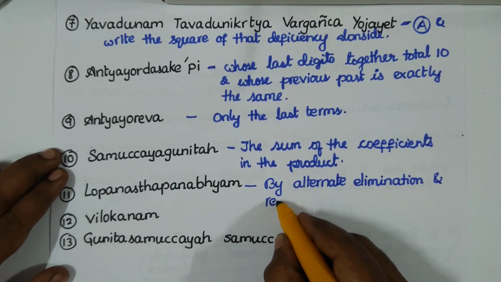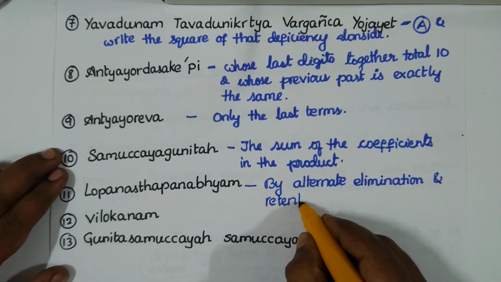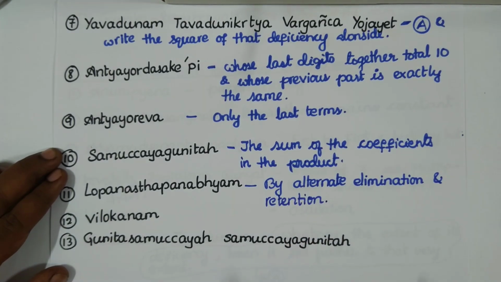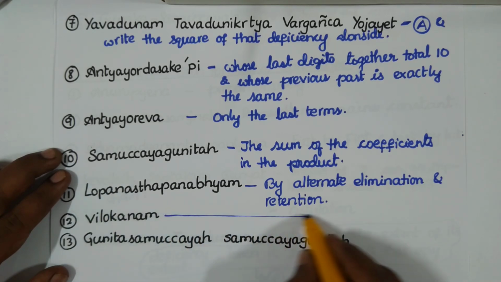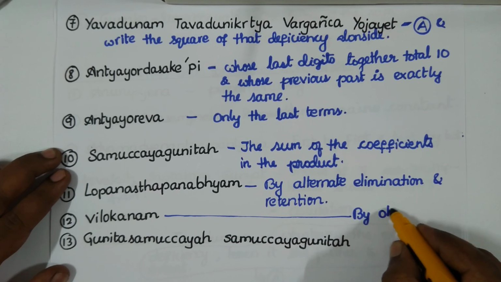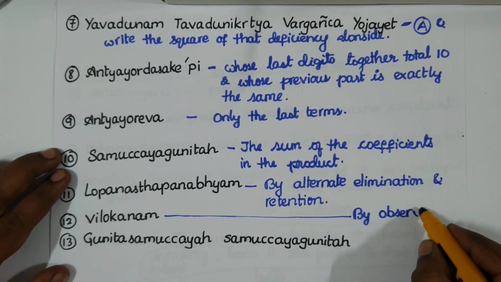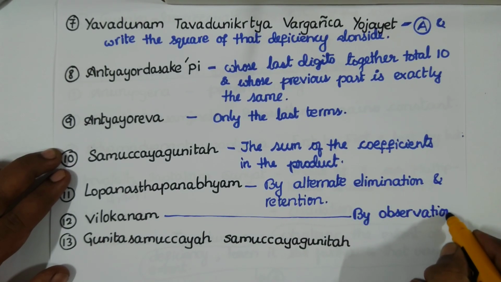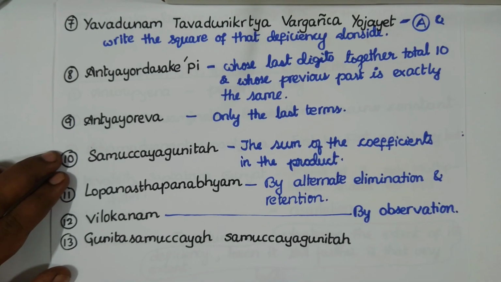This is very important. By alternate elimination and retention. Now, Vilokanam means this is just by observation. Vilokanam, by observation. We have come to the last one, okay.